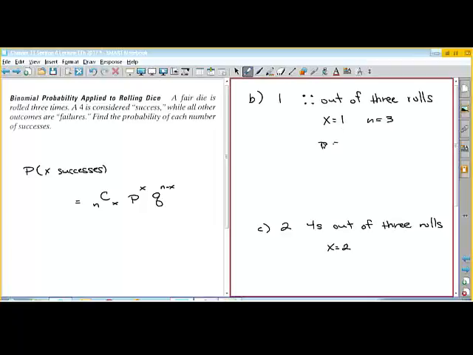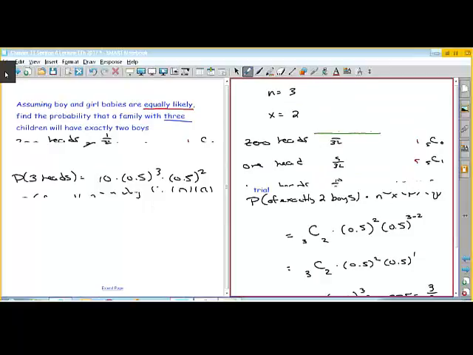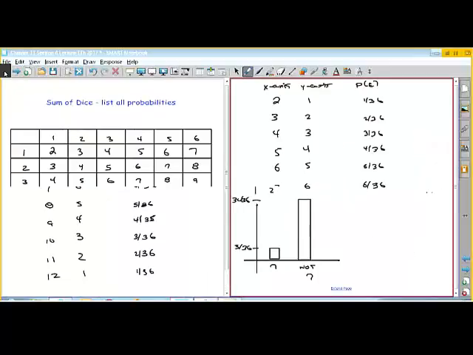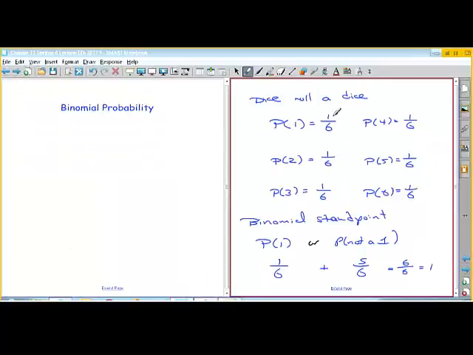The probability of success. So what is the probability of getting a success? We looked at that earlier in the chapter. If we go all the way back to the beginning, we talked about flipping a coin or rolling a dice, and we said the probability of getting a 1 in this case was 1/6, and the probability of not getting a 1 was 5/6, because there are 6 sides to a dice, and only one of them is a success, and the other 5 are failures.